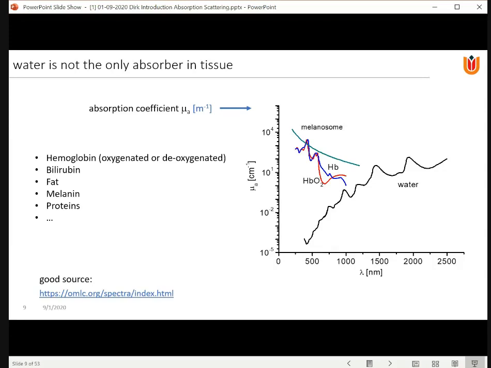So that means blue light scatters more strongly than green light, which scatters more strongly than red light. So what it means is that if you have a vessel at a certain depth and you shine in white light, because of this strong scattering, blue light may not even reach that vessel. The red light, because it is not so strongly scattered, can actually reach the vessel and interact with the blood.